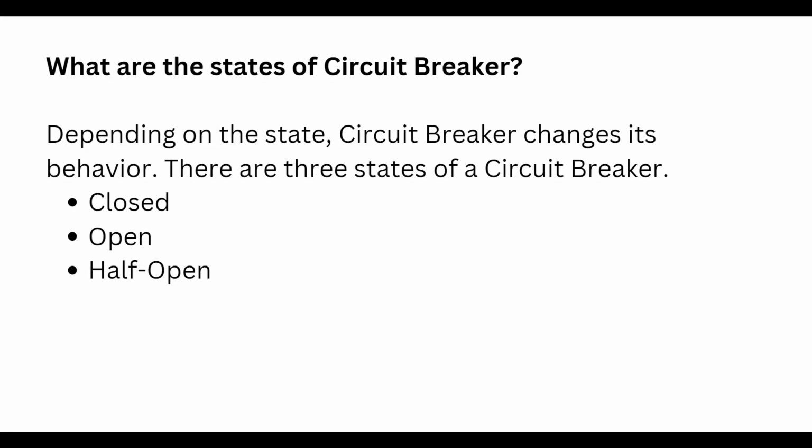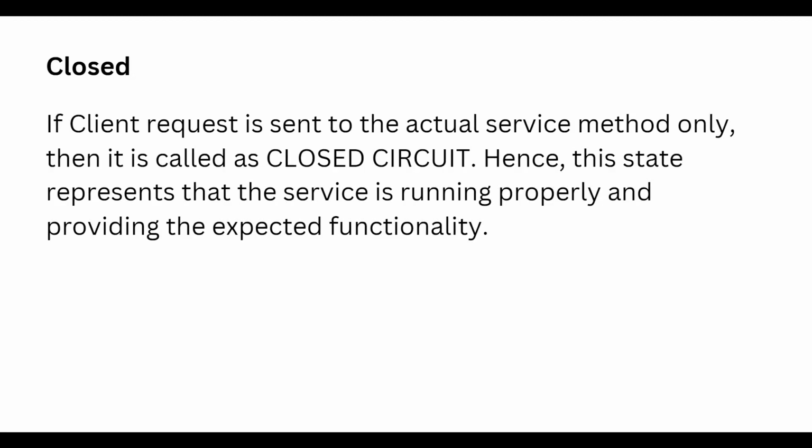Now, there are some states of a circuit breaker. Depending on the state, the circuit breaker changes its behavior. There can only be 3 states of a circuit breaker: closed, open, half open. Now let's talk about these states. Closed: if the client request is sent to the actual service method only, then it is called a closed circuit.